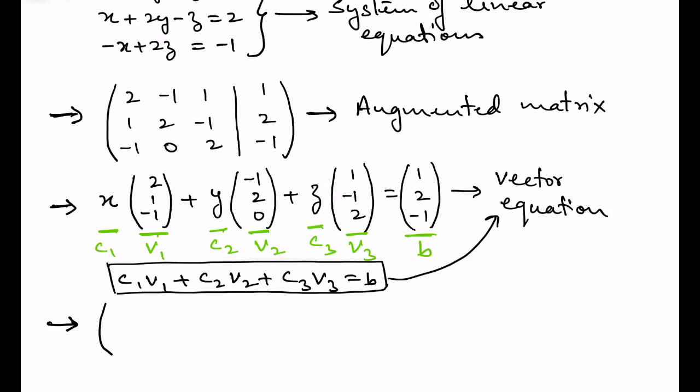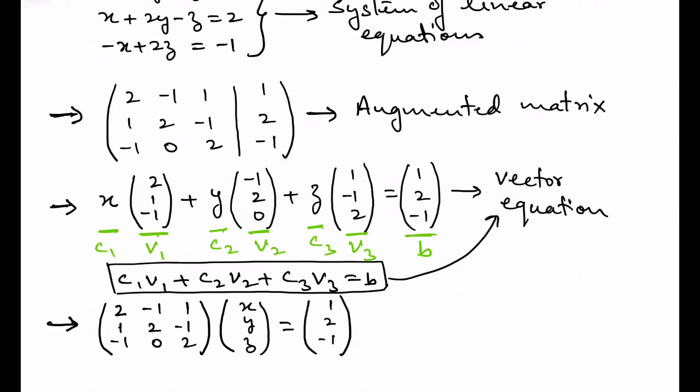Now, these equations can be written as the matrix with rows (2, minus 1, 1), (1, 2, minus 1), (minus 1, 0, 2) times (x, y, z) is equal to (1, 2, minus 1), where this is matrix A, this is x, and this is b.